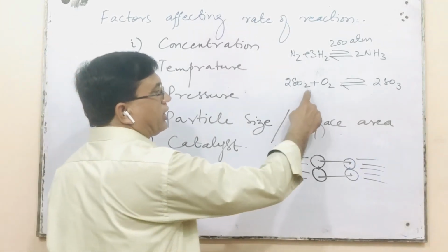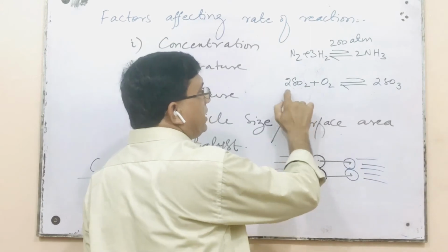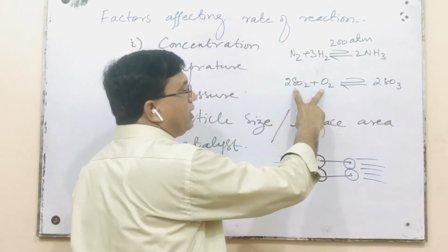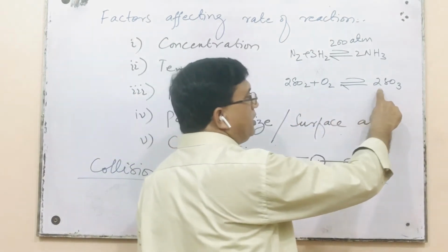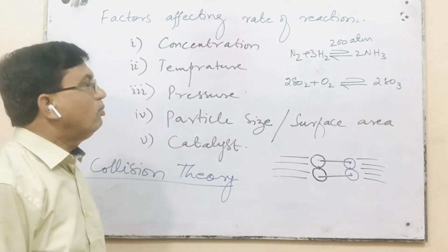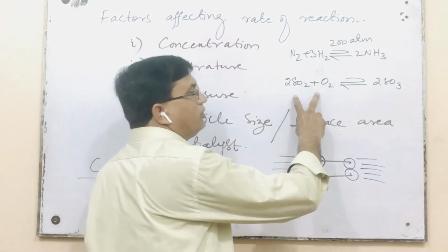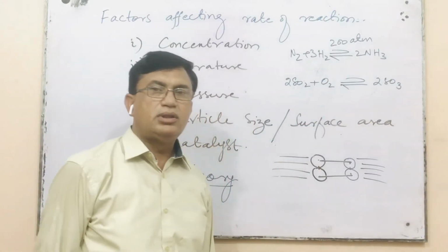In the case of the contact process, the equation also indicates that 3 volumes of the reactants are changing into 2 volumes of the product. It means that according to Boyle's law, high pressure will favor the conversion of the reactants into the products.